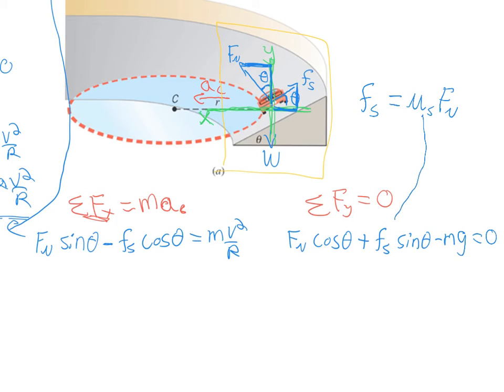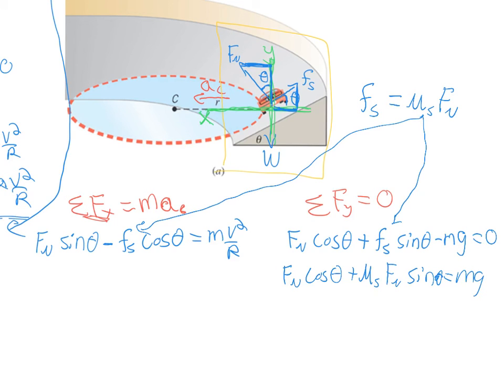If we plug that in here, boom, and over here, boom, we now have two equations where the normal force and the coefficient are the only things we don't know. The algebra does get hairy. I'm going to tell you guys that right now. But if you do your algebra well, you should be able to solve for the normal force in one equation and plug it into the other. For example, if we started with the y equation, we'd have normal cosine theta plus mu times the normal also times the sine of theta equals mg.